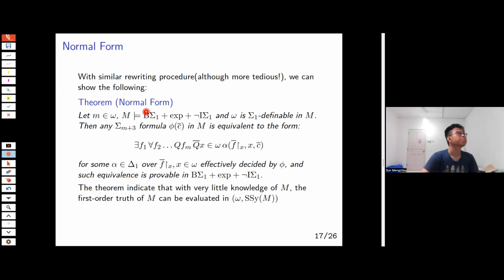So the normal form says that for an arbitrary formula phi in M, if we want to evaluate its truth, then we only need to know very little about M. We only need to know what is true for delta 1 formulas over the cut. And then the rest of the computation we can do entirely inside the second order structure. That's why we call it compressing truth. We compress the truth of M inside the second order structure.